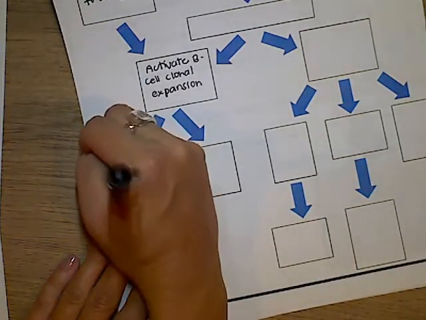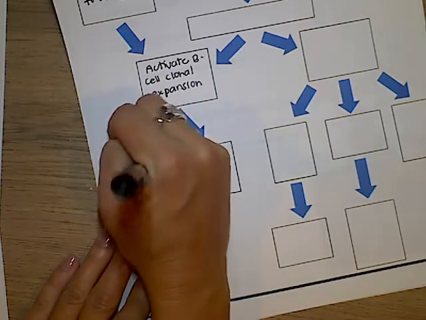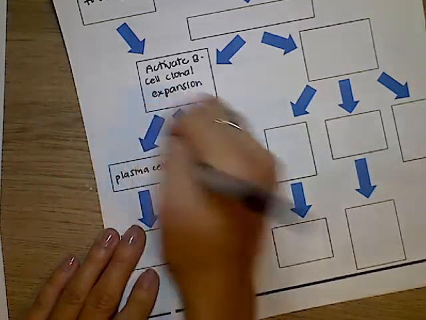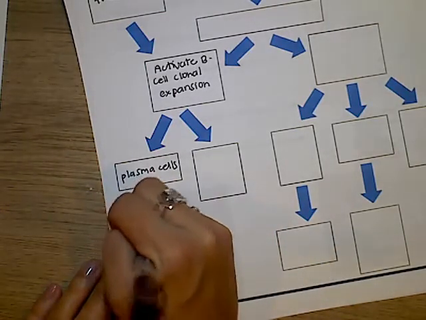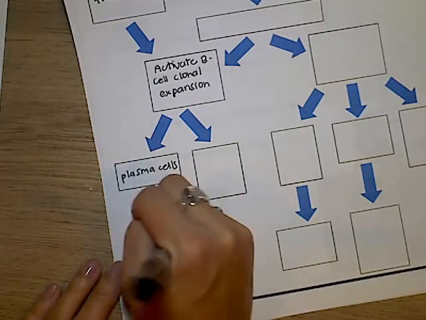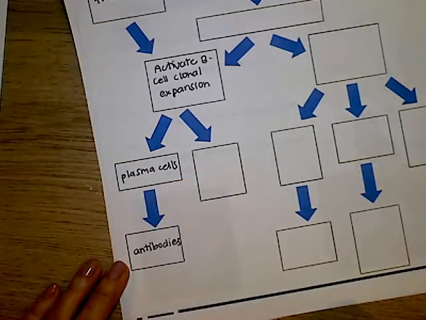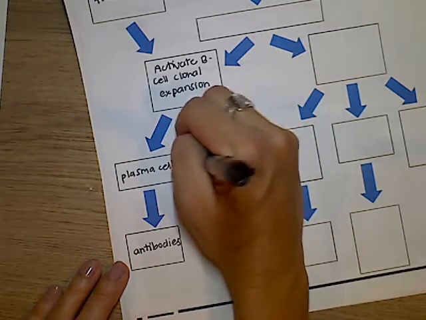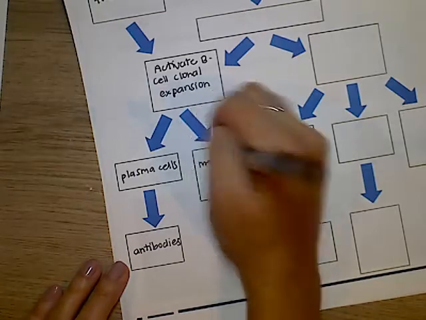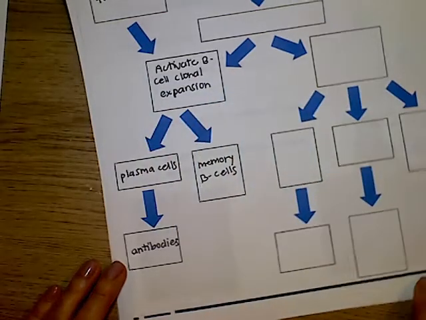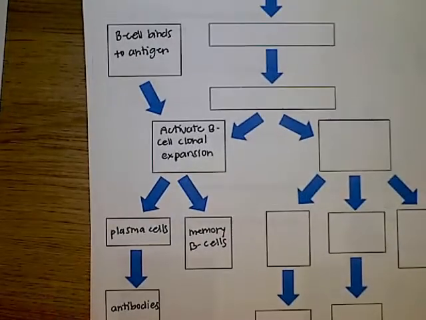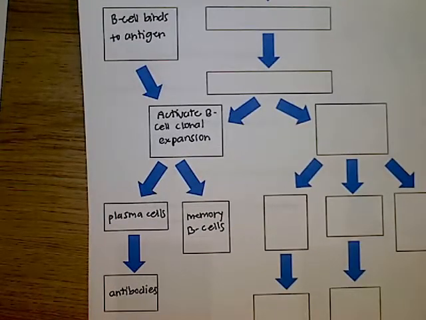And we get plasma cells from this, which ultimately produce antibodies. And then we also get memory B cells that will remember the infection. So that's the B cell portion of it.